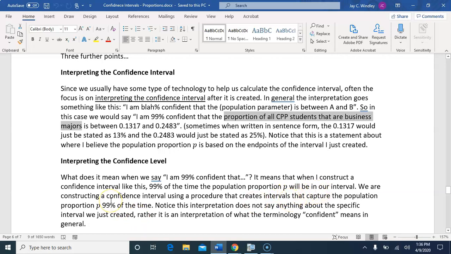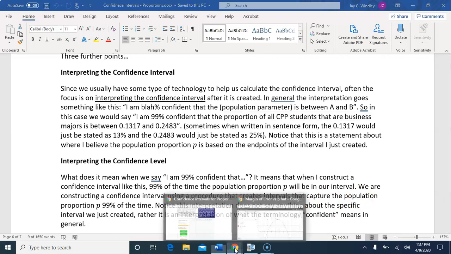Or sometimes people get a little bit more wordy and say, we're constructing a confidence interval using a procedure that creates confidence intervals that capture the population proportion 99% of the time. This interpretation is a generic interpretation of what it means to be 99% confident. Notice I'm not saying anything about the particular confidence interval that I created up here, just about what it means to be confident in general.